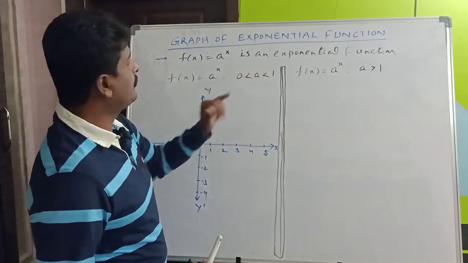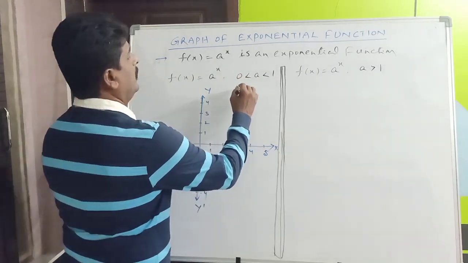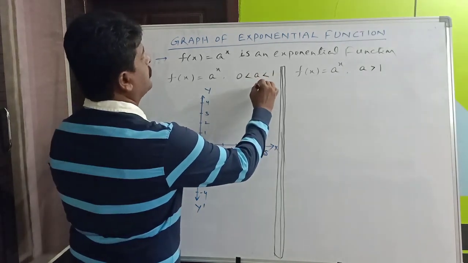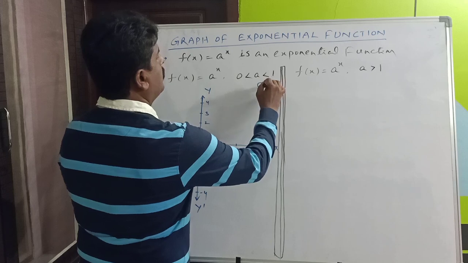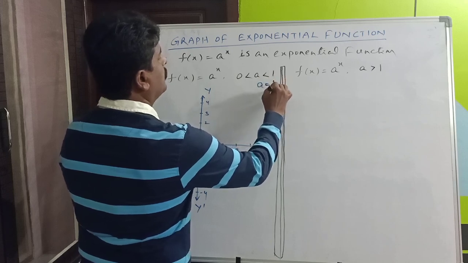0 less than a less than 1 means, for example, put a equal to 1 by 2.